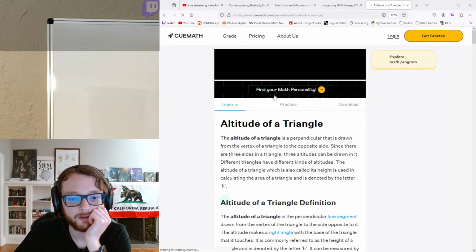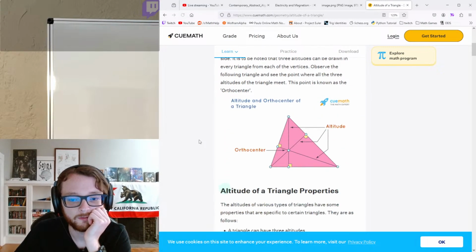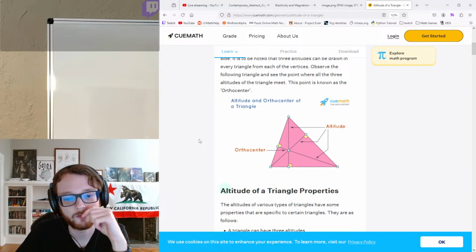Let me make sure I know, triangles have so many weird definitions, like a million of them. So altitudes are perpendicular to the opposite side. Okay, and all the altitudes form an orthocenter.